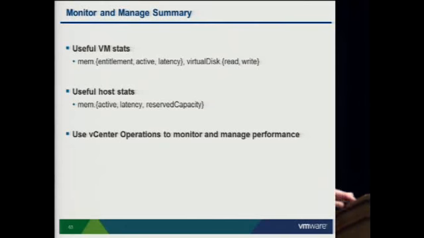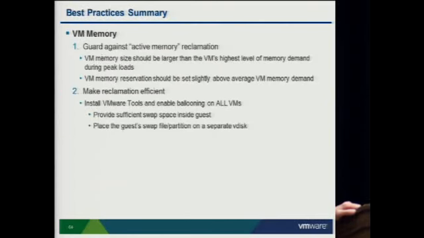We have the list of stats here that you want to look at: entitlement, active, latency, and the virtual disk stats. In terms of best practices, you want to guard against active memory reclamation by sizing the VM properly, making sure its configured memory size is large enough, and then using memory reservations. As I said, I'm a big fan of reservations. I think that if they're set properly, you can ensure performance while overcommitting.